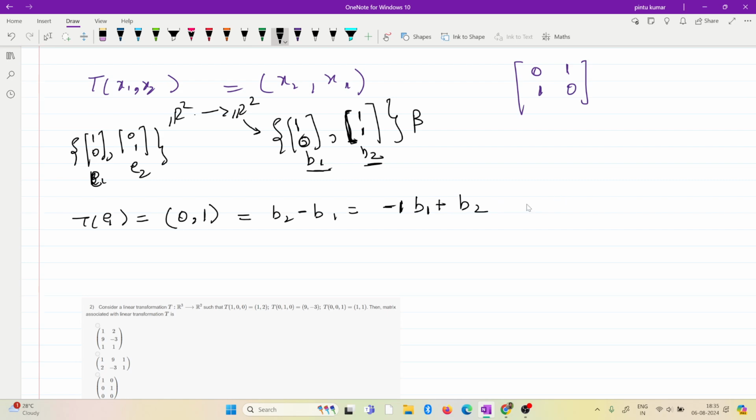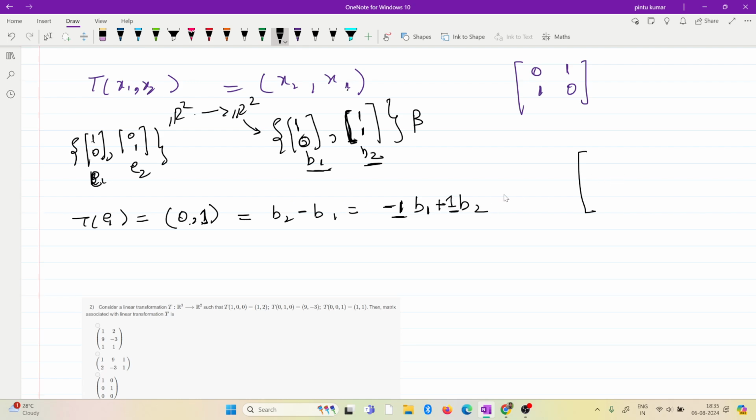So T of x1 comma x2 is x2 comma x1, so for E1 which is 1, 0, it becomes 0, 1. Okay. So in the matrix, now you will write the coefficients corresponding to these.